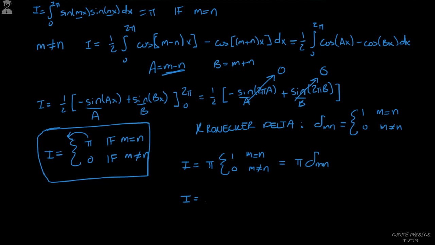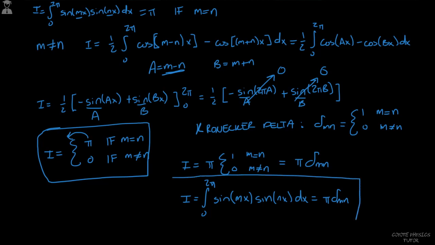So this integral, the integral from 0 to 2 pi of sine of mx sine of nx dx, will be equal to pi times delta mn. And that is going to be our final answer.